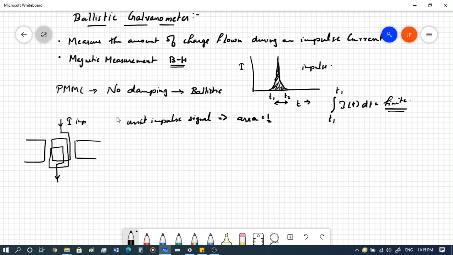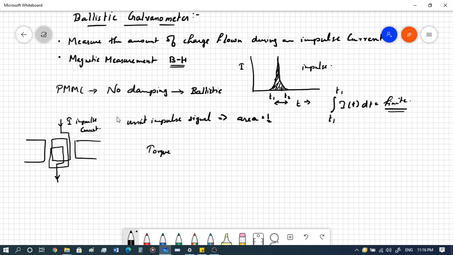So this is the impulse current, let's say, that flows through this instrument. And this will produce a torque, because of which the coil will start turning in one of the directions.